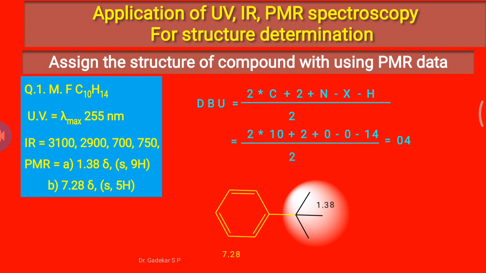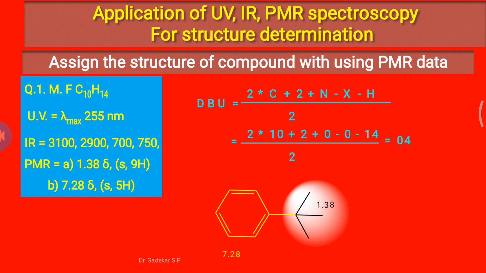It means the compound with molecular formula C10H14 contains 4 double bond unsaturations. If 4 are present, there may be 3 double bonds and 1 ring, so there may be one benzene ring present.